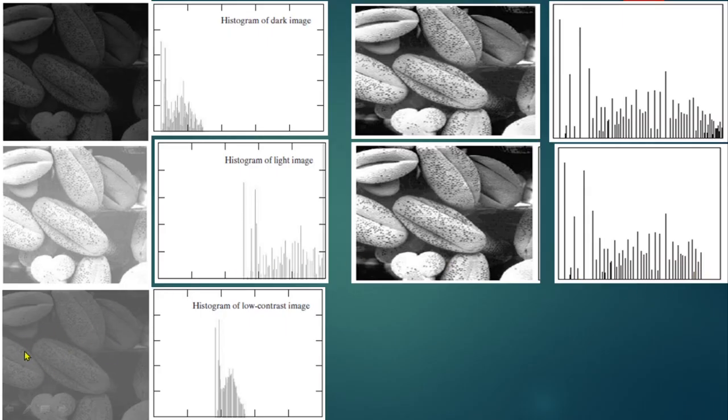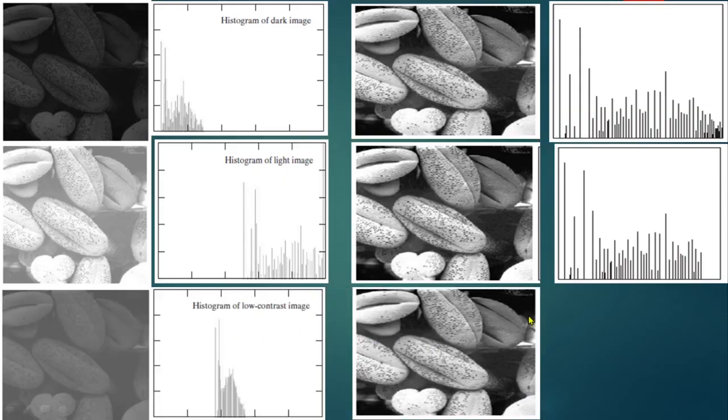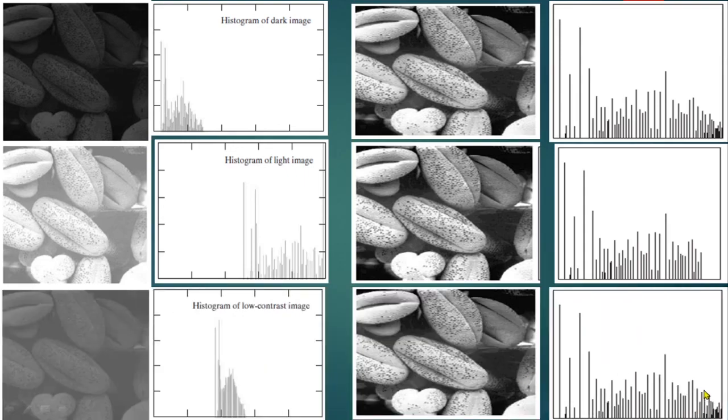For this image, almost all pixels have medium intensity levels. That is a low contrast image. If you apply the histogram equalization on this image, we get this perfect, enhanced image. That histogram occupies almost all intensity levels. That is histogram equalization.